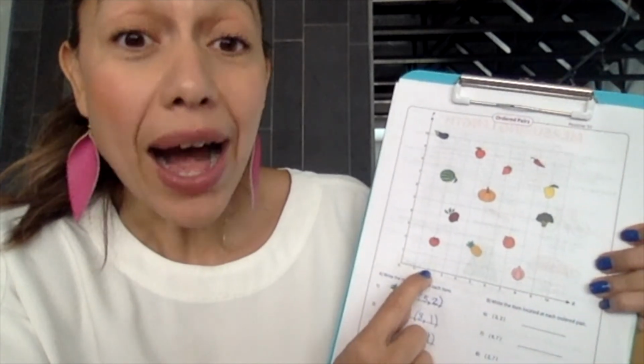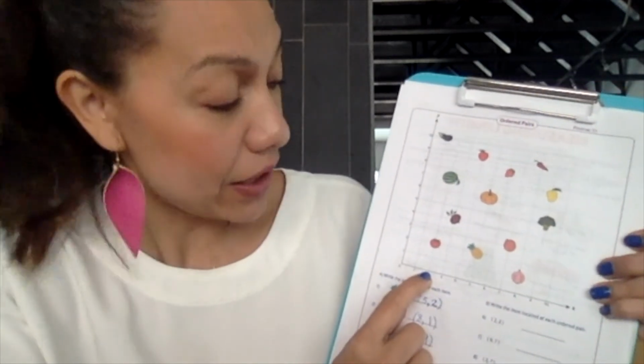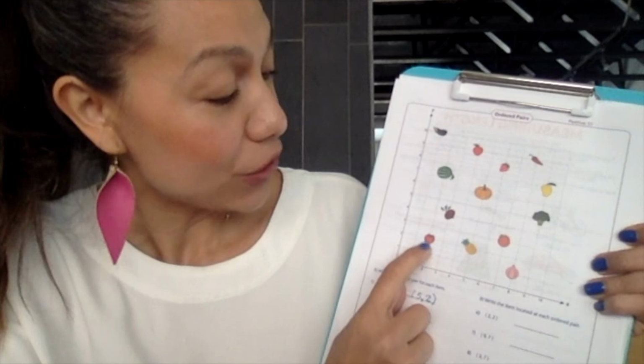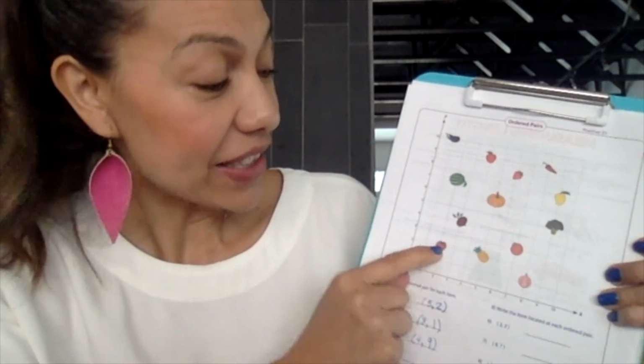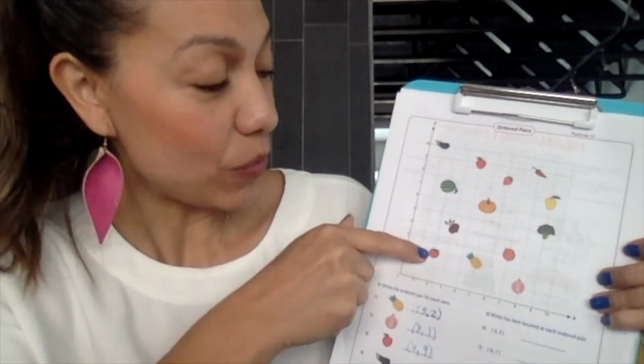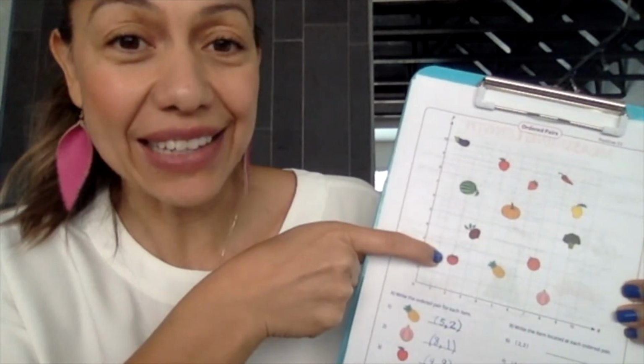Then we're going to go up for our Y position. 1, 2. There is our ordered pair, and that's what we've located. What is that? It is a tomato. So you can draw it, or you can write what you found at those ordered pair. Tomato.